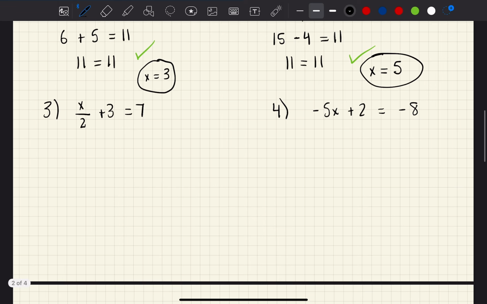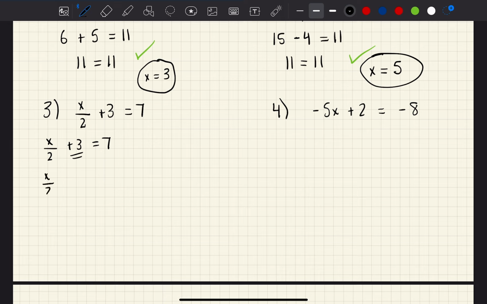Okay, our third example is x divided by 2 plus 3 is equal to 7. So you can write that out: x divided by 2 plus 3 is equal to 7. Our first step is going to be to get rid of that addition or subtraction. In this case, we do have an addition on the left side, plus 3.